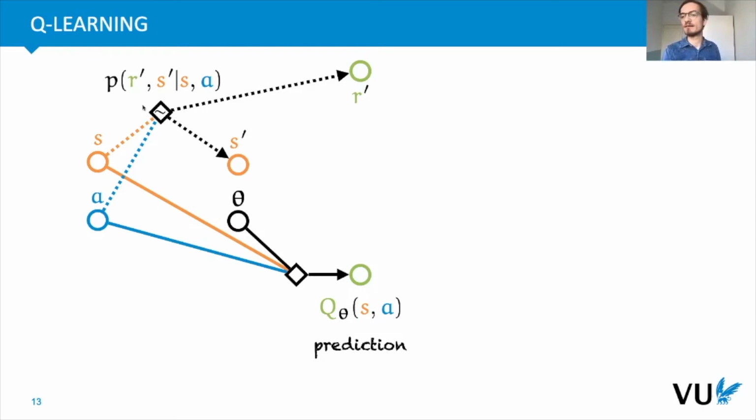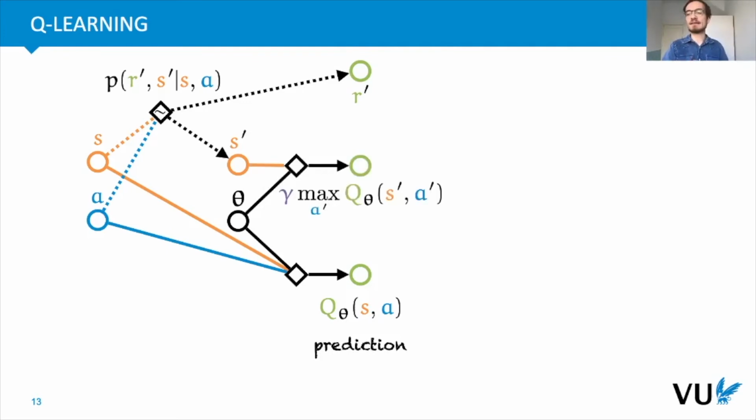So we sample a reward and a next state, using this action in the state. This all happens using the normal MDP sampling procedure that we discussed many times before. Using this next state, we can compute the best action to take in that state. And then we can find this discounted Q value using the same parameters theta of the neural network.